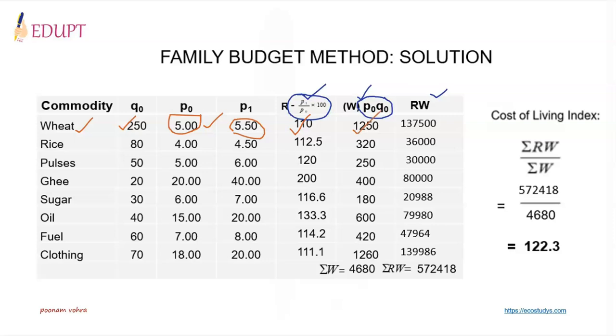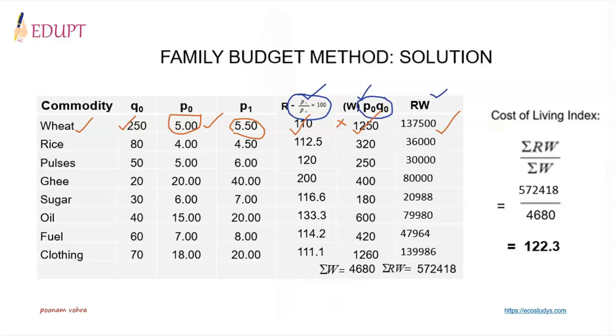1250. Then you need to multiply P0 Q0 with R, that is 110 into 1250, and you get 1,37,500. In the similar manner, you have to find R, W and RW for each commodity. So complete the series like this.